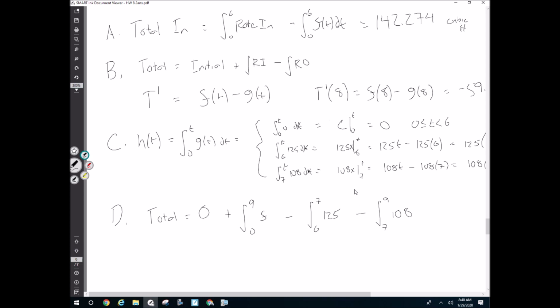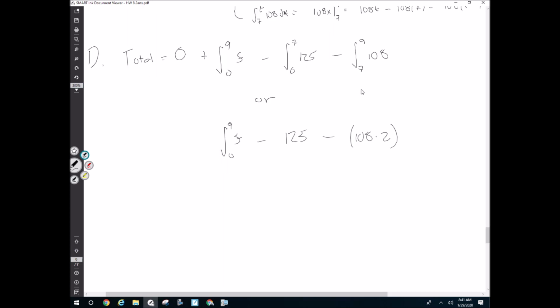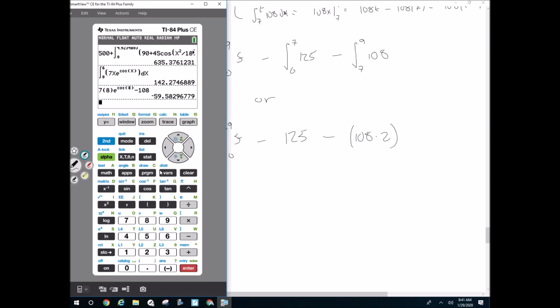You could use this, or you can just use your understanding: your total of snow that's fallen minus 125, which has been removed after an hour, minus 108 times 2, which has been removed for 2 hours. Different ways to find our total at 9 a.m. is going to be math 9.